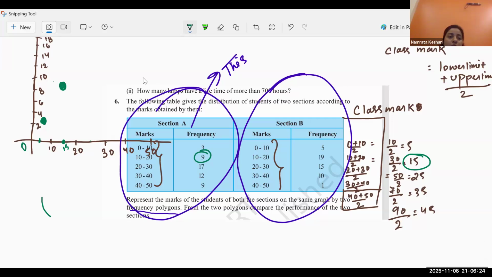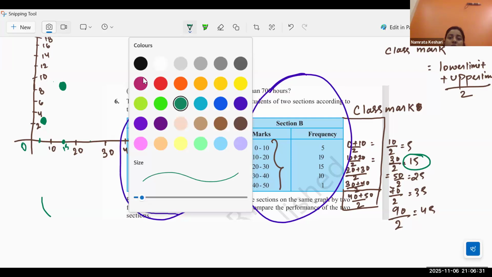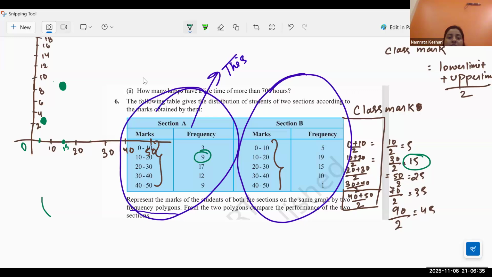Is it making sense to all of you? Next one is 25 comma 17. 25 is the class mark and the frequency is 17. So I'll be taking 25, I'll be taking 17, and somewhere here, can you see the bold one, the third point?